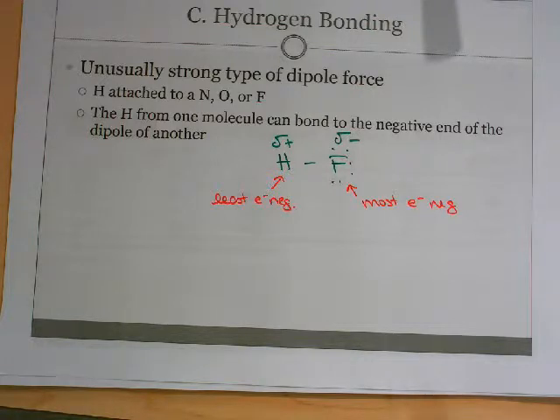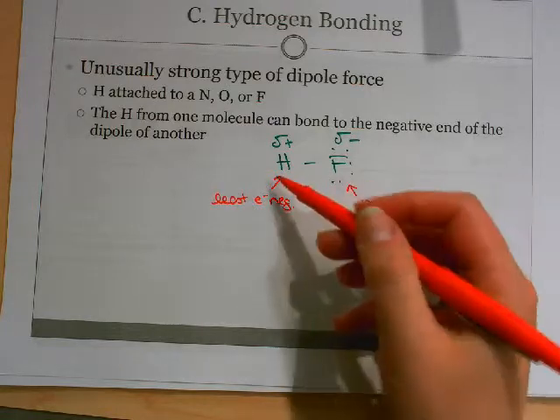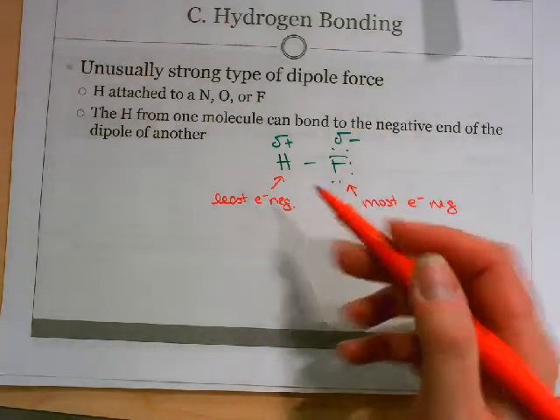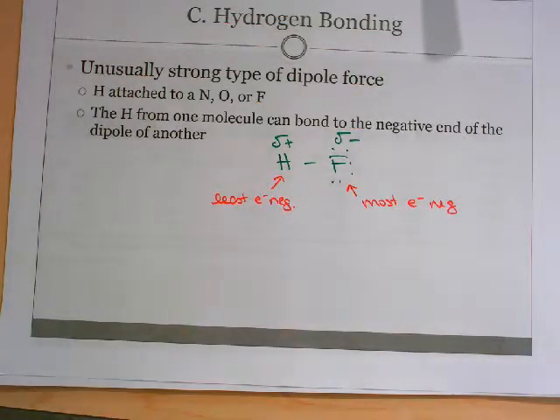F is the greatest electronegative atom on the periodic table. You've now stuck them together, so you've made a gigantic difference in electronegativity. So fluorine's going to take the one electron off that hydrogen and pretty much almost leave it like a lone electron floating around.